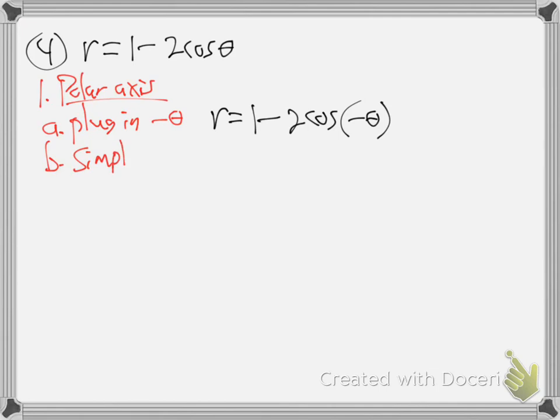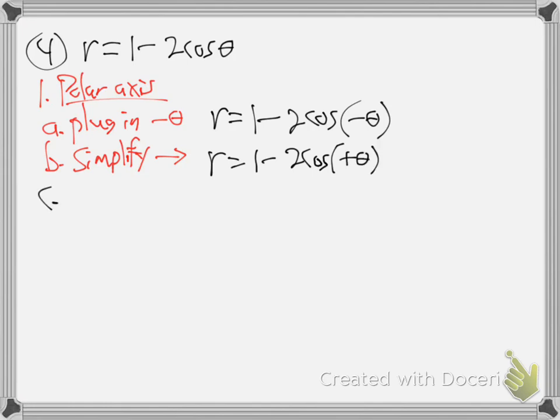Then simplify. How do you simplify that? What happens with that negative theta? Poof, it's gone. Anytime you're in a cosine, it just becomes positive, regular.